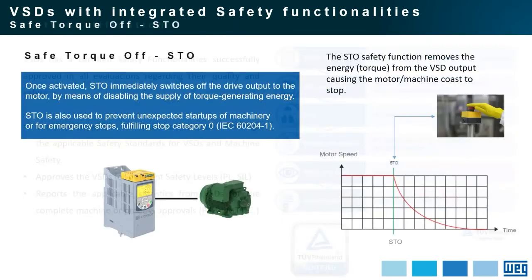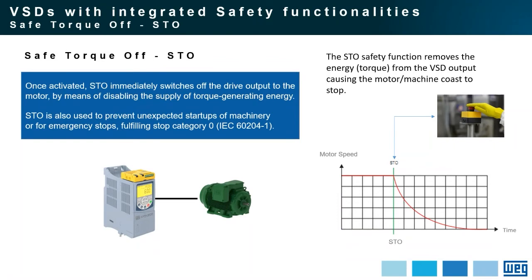So we spoke about the main benefits of using a variable speed drive, but it is also important to know more about the safety functionalities integrated in the variable speed drive. The first one we'll talk about here is the safe torque off, also called by the market STO. This functionality, when activated, will switch off the drive output to the motor by disabling the supply of torque generating energy.